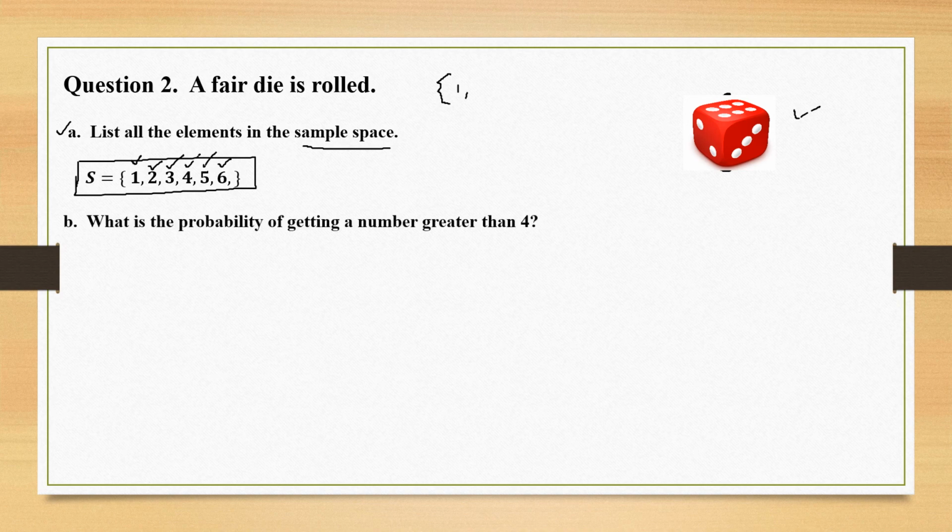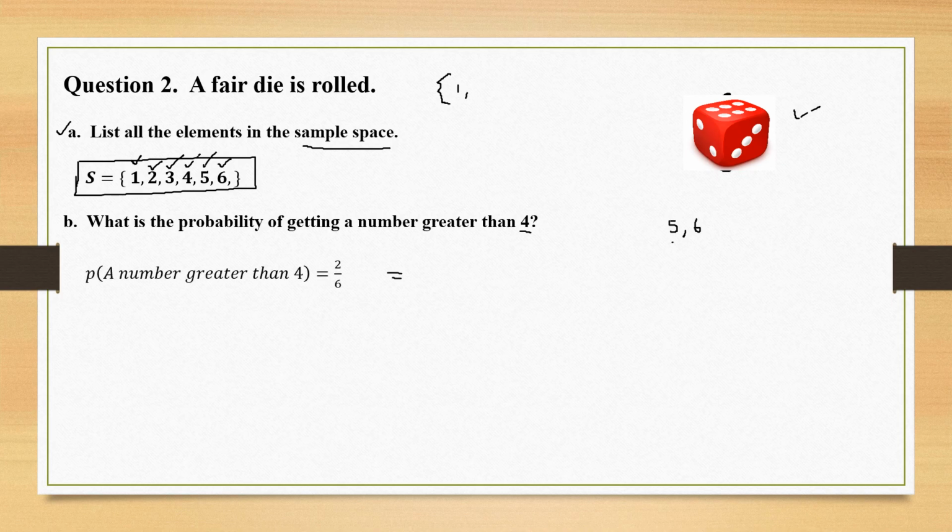Now look at part B. What is the probability of getting a number greater than 4? Greater than 4, we have only two numbers, 5 and 6. So what will be the probability?